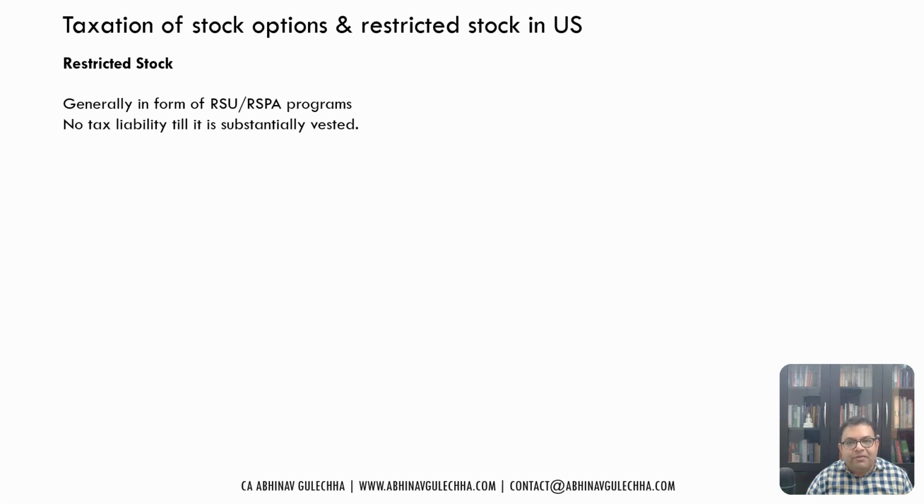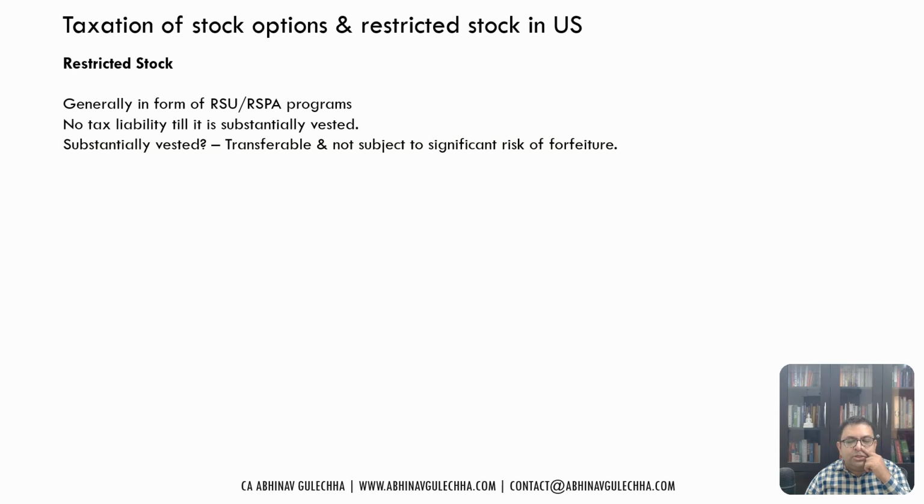Again, they are favorably taxed, so there is no tax liability till they are substantially vested. What is the meaning of substantially vested? Generally when companies give a restricted stock, they have conditions: there is a cliff period of 1 year, and then there is a vesting schedule. Till the time the stock is not vested, you do not get the right to transfer the stock to someone else, and there is a significant risk of forfeiture.